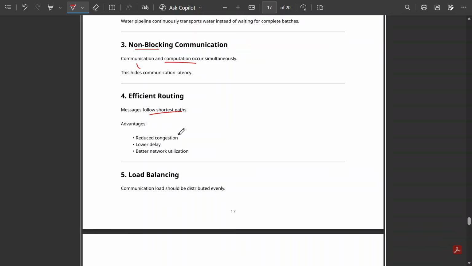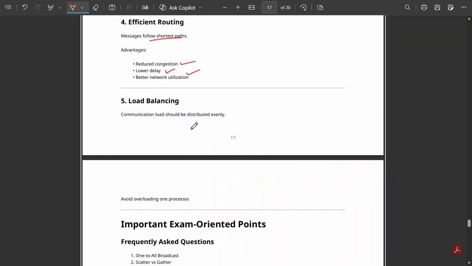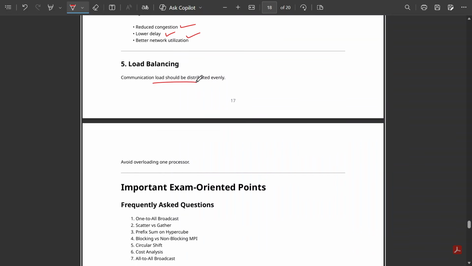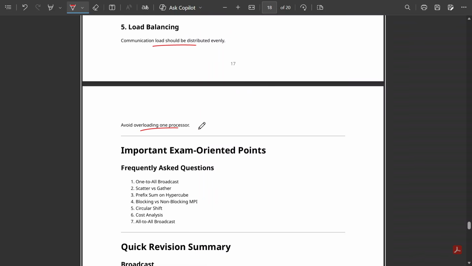What is the advantage of this? We get lower delay in receiving the message, better network utilization and reduced congestion. Next we have load balancing, where communication load should be distributed evenly in order to prevent bottlenecks and avoid overloading one processor over the other.